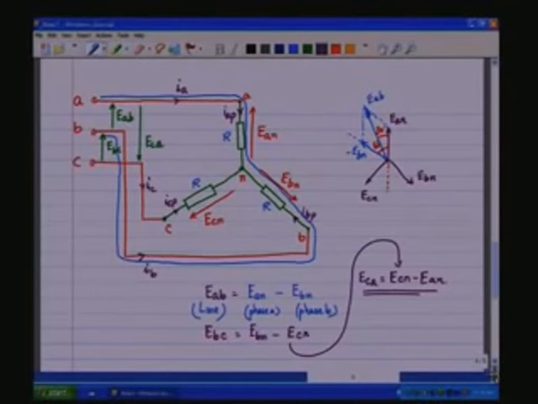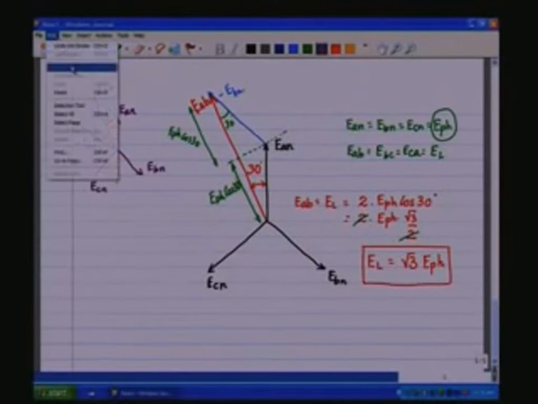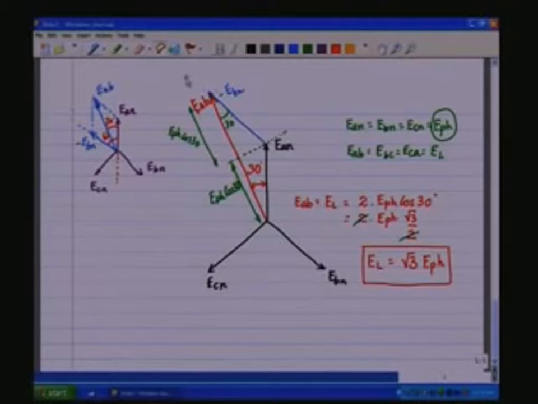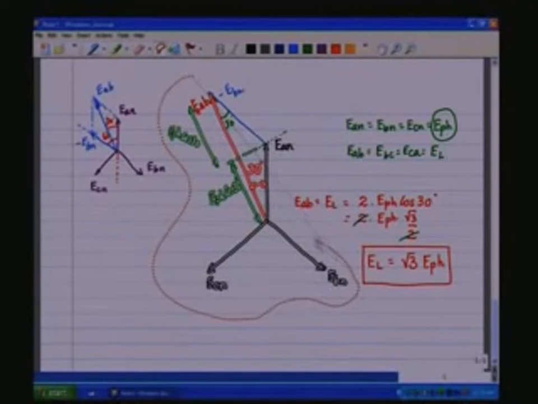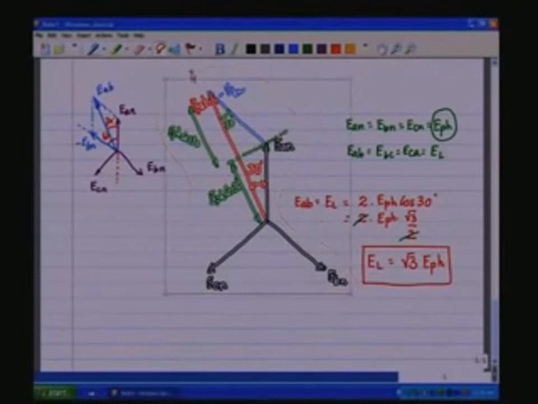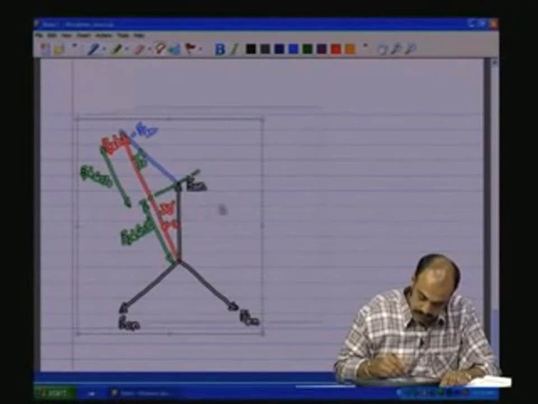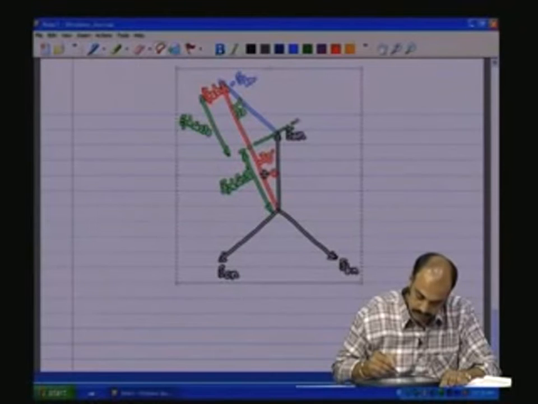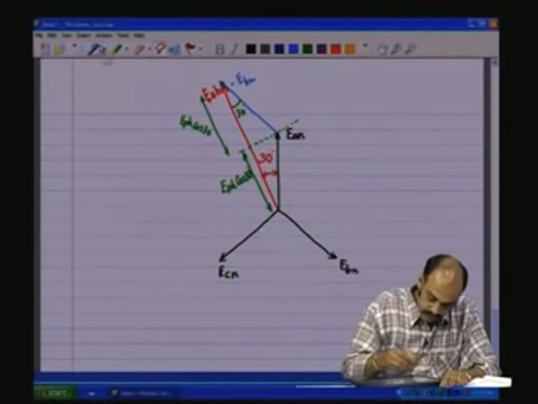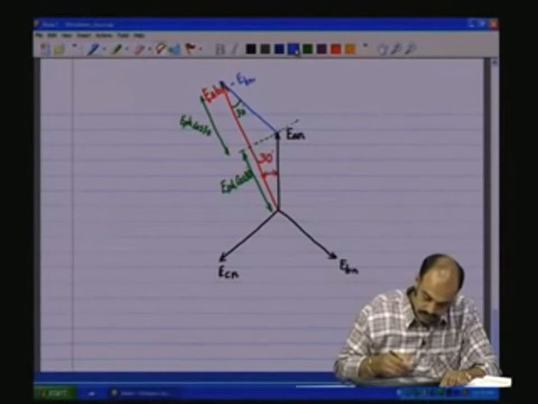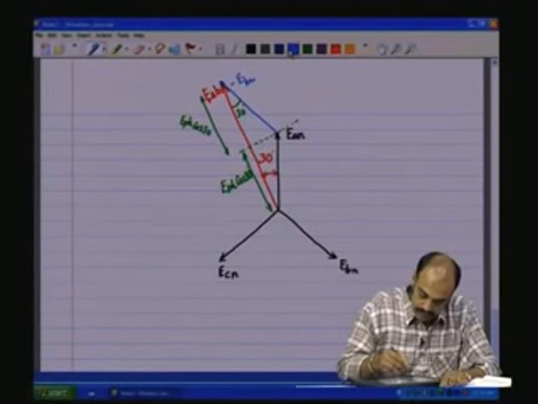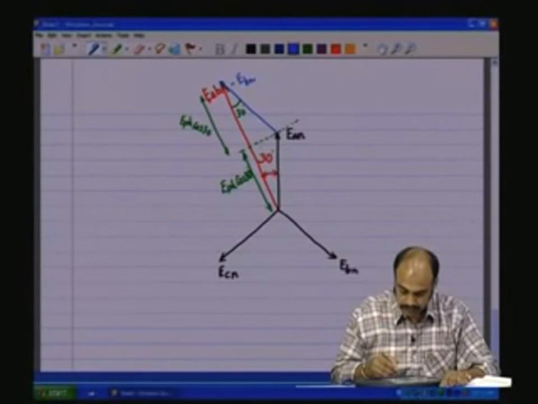These are the voltages symmetrically applied. So, if you look at this particular picture, you will see that there is a symmetry about all the axes. So, now let us say we want ECA.